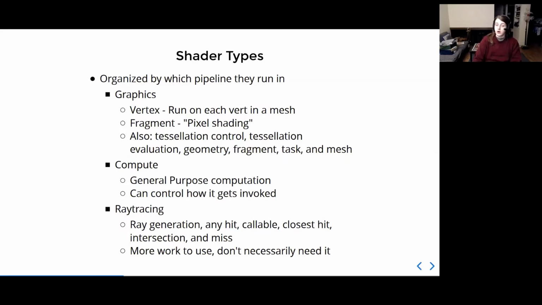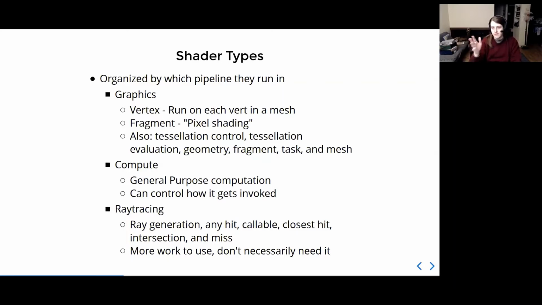With the RTX extensions, there's a whole new category, the ray tracing category, listed here as ray generation, any hit, callable, closest hit, intersection and miss. Each of these are shaders that get run based off whether a ray hits something, misses something, or goes through a medium.